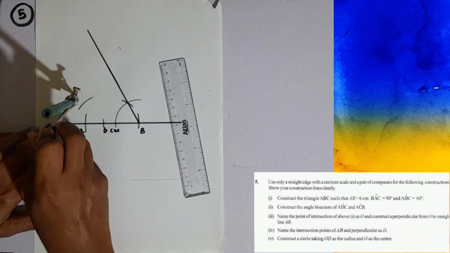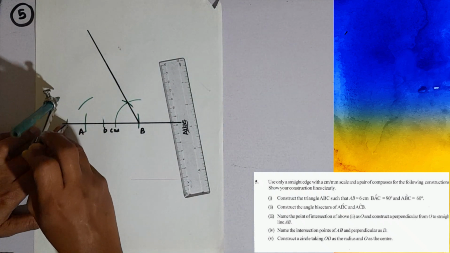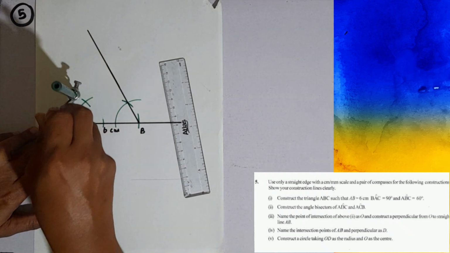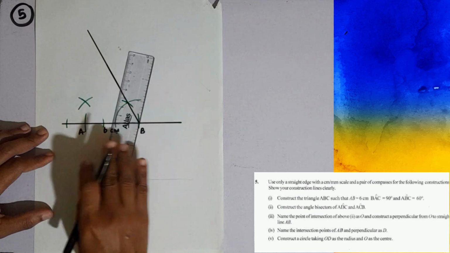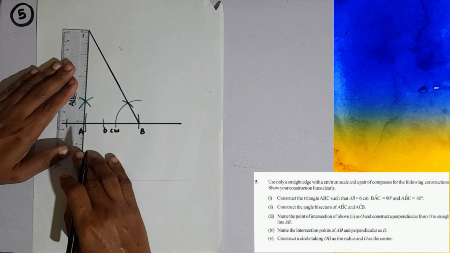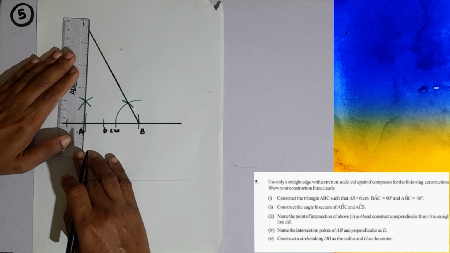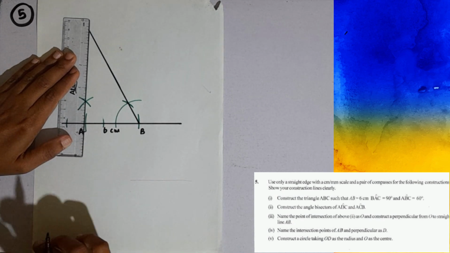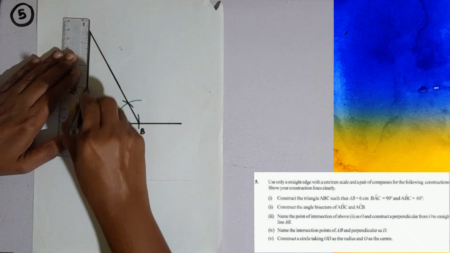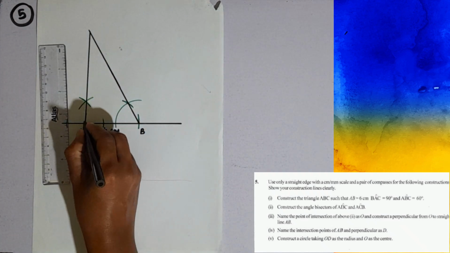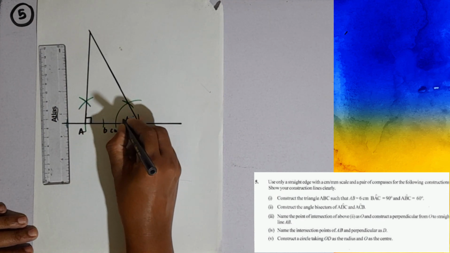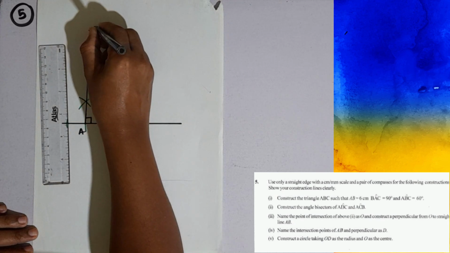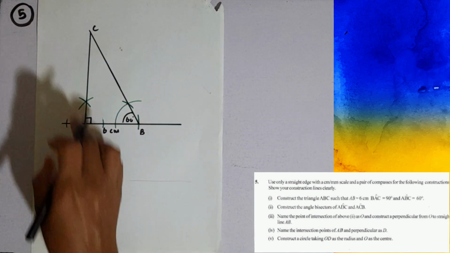Without changing the distance, keep it here and also draw an arc by intersecting this arc. So, this intersecting point and A point should be joined. Then this angle is now 90 degrees. This is 60 degrees. This intersecting point is C of the two lines.